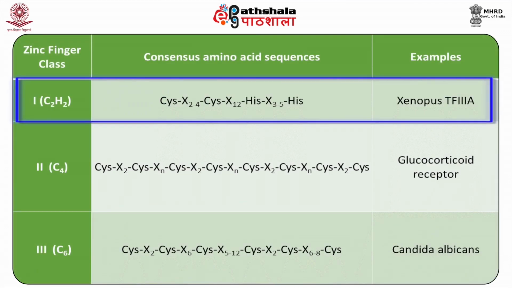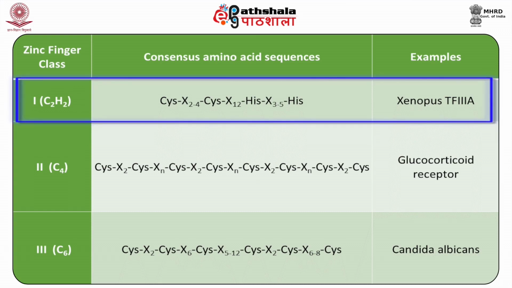Class 1 zinc finger, also called C2H2 zinc finger. This class is also called the classical zinc finger. It comprises hundreds of zinc finger proteins that are found in eukaryotes ranging from yeast to humans.